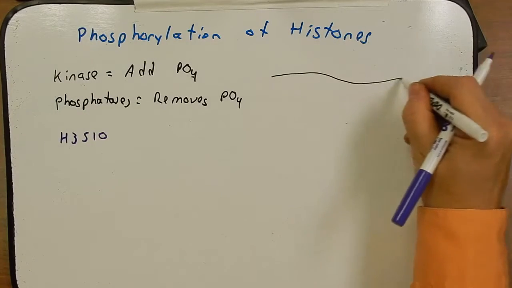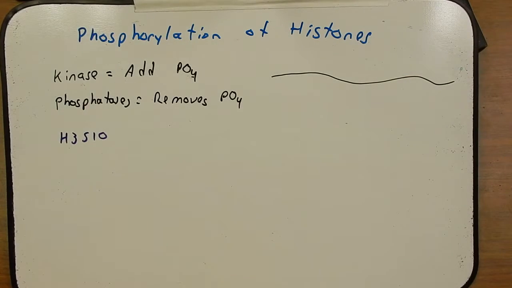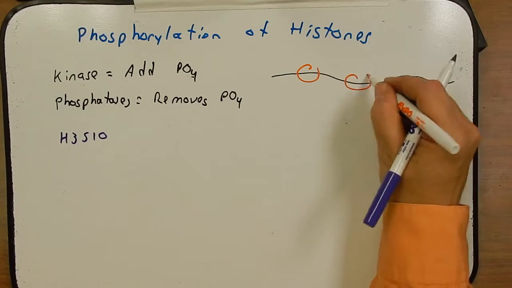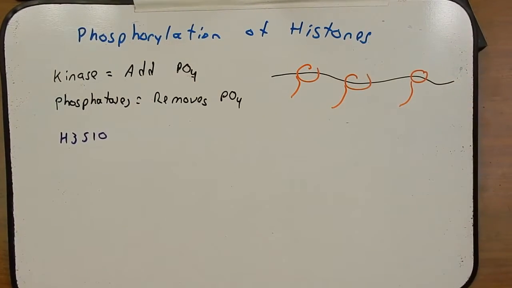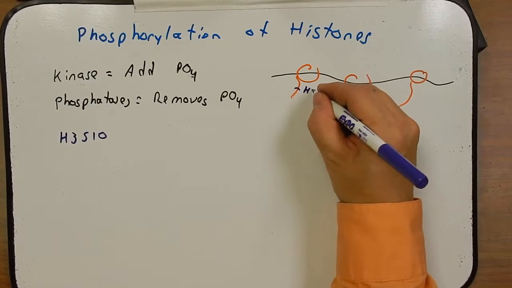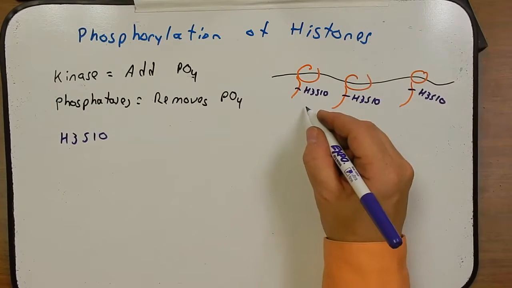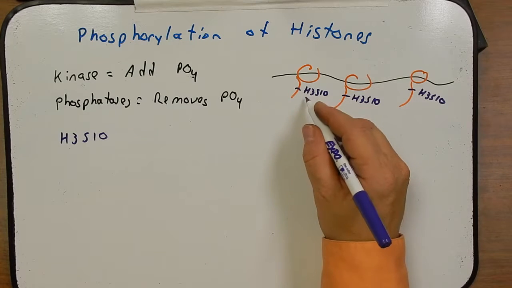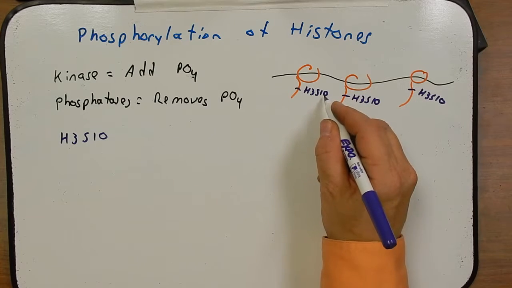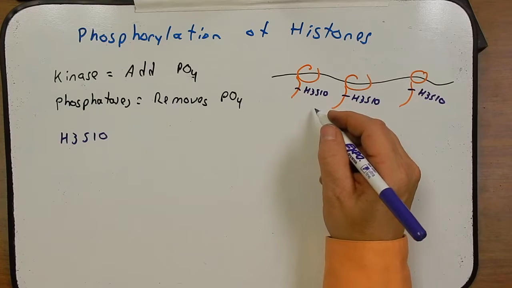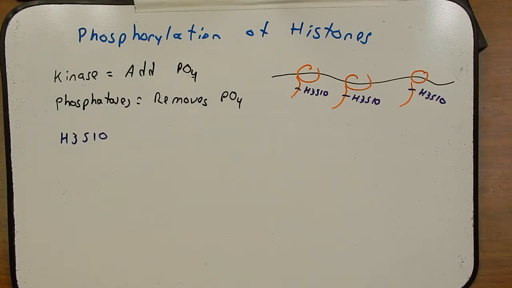So we had our DNA over here and our histone proteins here with our end tails like so. H3S10 would be here. So the kinases that bind to this H3S10 site and add a phosphate group to this serine fall into one of three types.